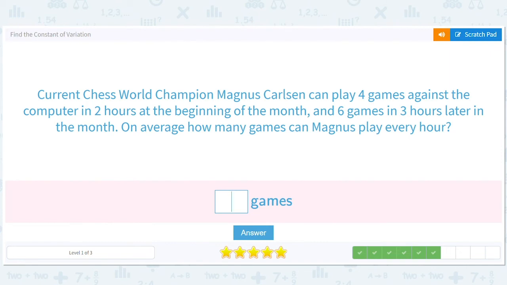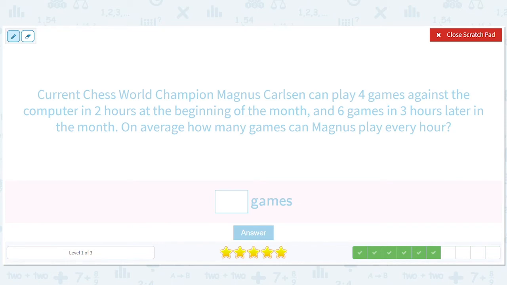Okay, so Magnus Carlsen, current chess world champion. I actually know a lot about Magnus Carlsen. I enjoy watching chess and playing it. He can play 4 games against the computer in 2 hours at the beginning of the month.